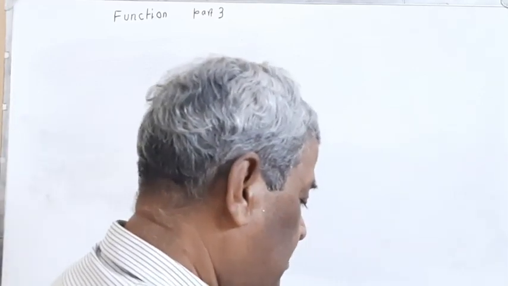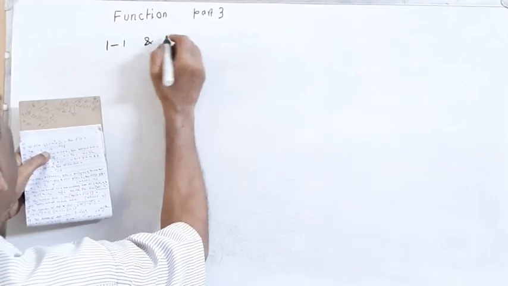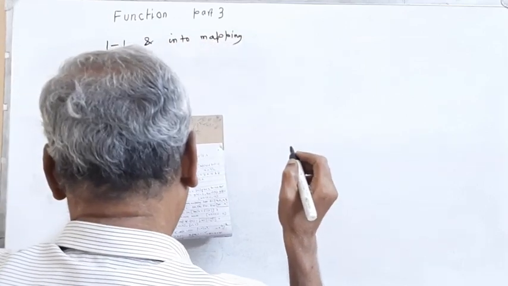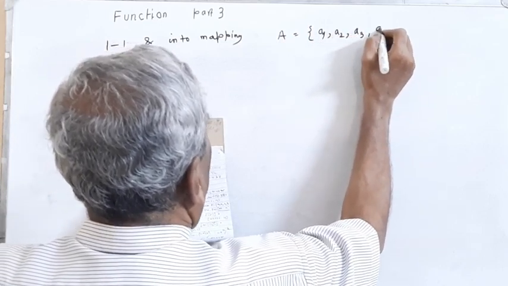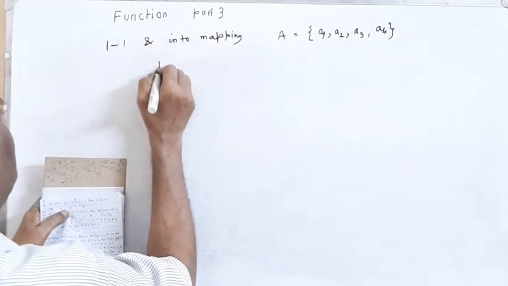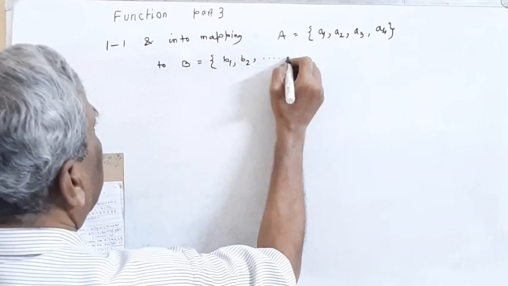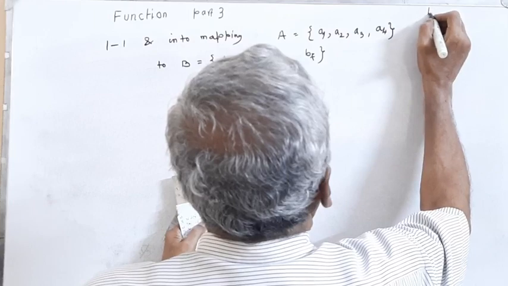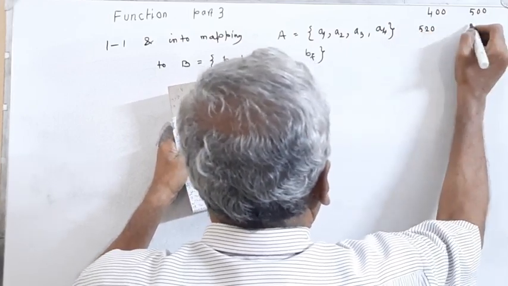Now, next problem. Total number of one-one and into mappings from A equal to A1, A2, A3, A4 to B equal to B1, B2 up to B7 is 400, 500, 520, 840.